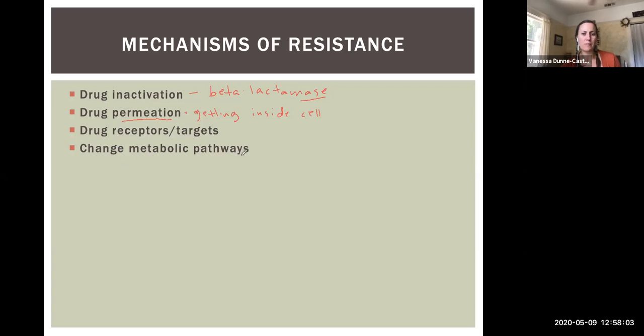And then some organisms are able to actually flip altogether. So if a drug is targeting one metabolic pathway, then they can upregulate enzymes involved in a parallel pathway so that they are not resistant anymore.